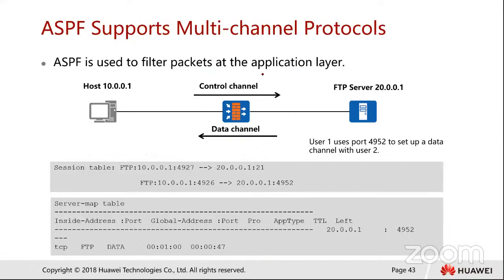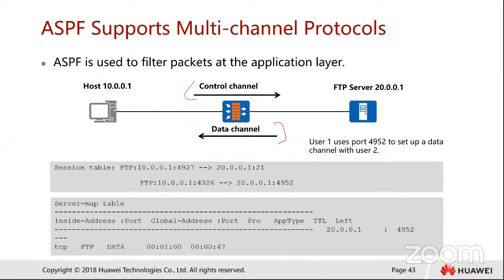It is used to filter packets at the application layer. It will send data control, and then dynamically either create or delete rules. So in multi-channel protocols like FTP, the control channel is separated from the data channel, like you can see here, and the data channel is dynamically negotiated by the control packets.